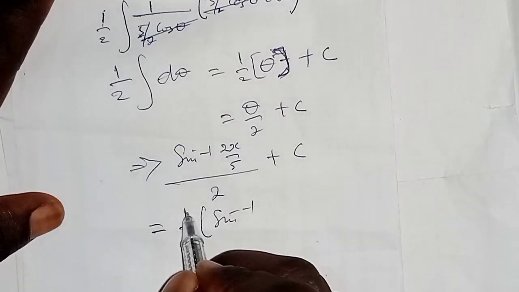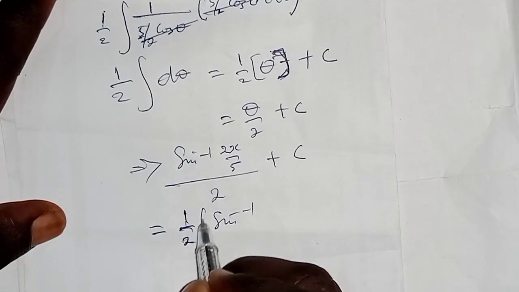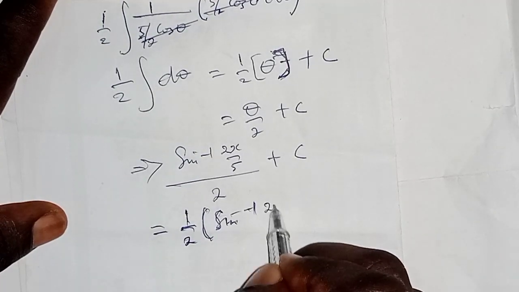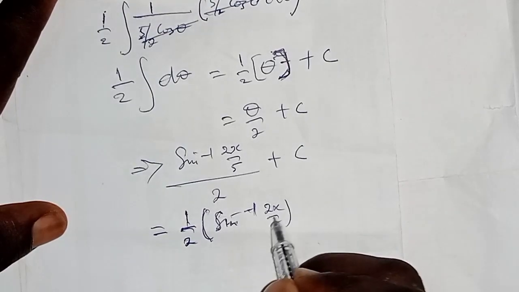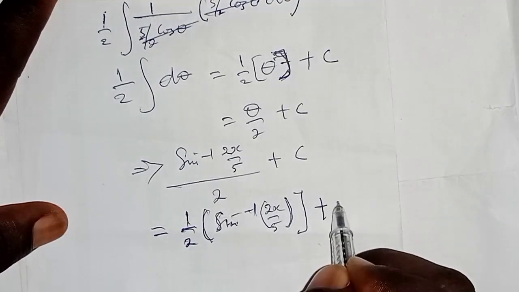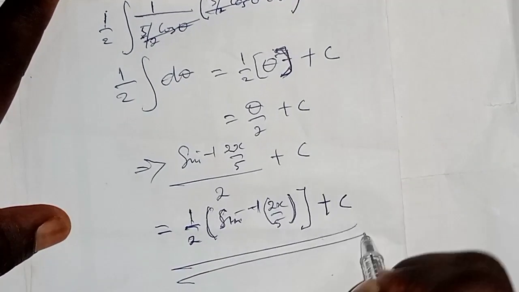I can also write it as 1 over 2 into sine inverse of 2x over 5, and this is going to be our answer, plus c, the constant.